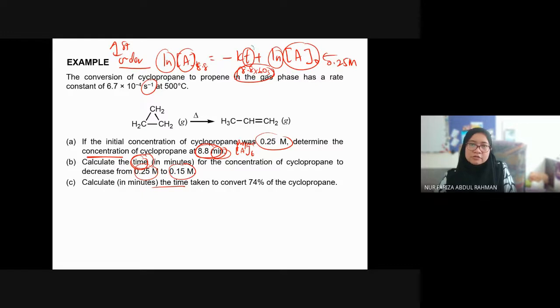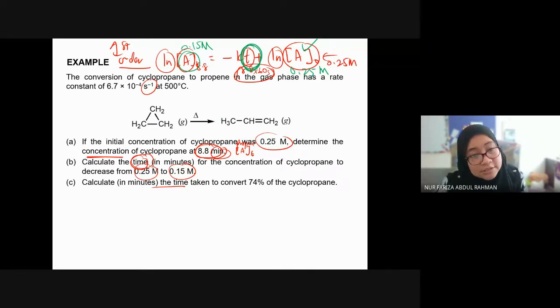So you want to calculate the time, the green one. This is provided, so this is 0.25 molar still, and this is given as 0.15 molar. Okay, alright. So we have only one unknown to be determined, so it shouldn't be a problem. So the time, the unit should be in seconds. Okay, alright.